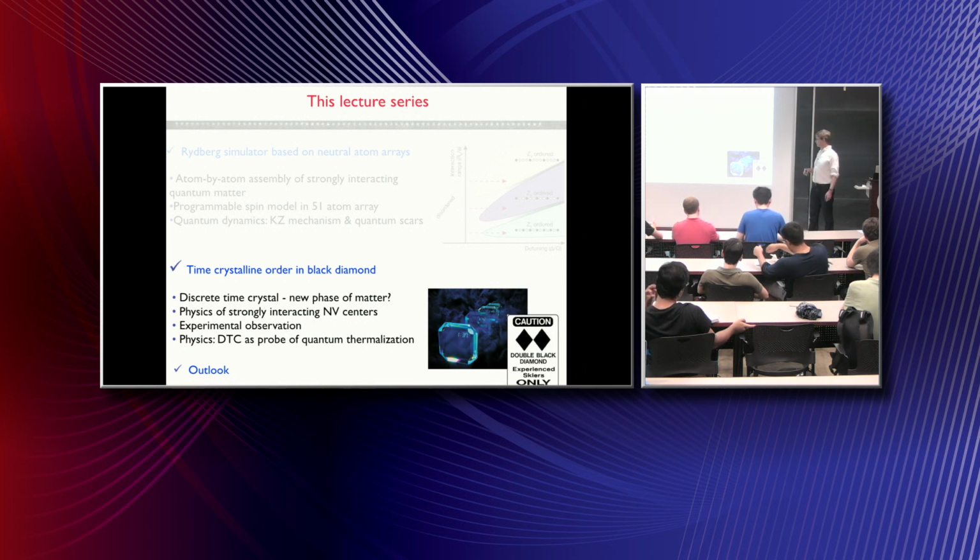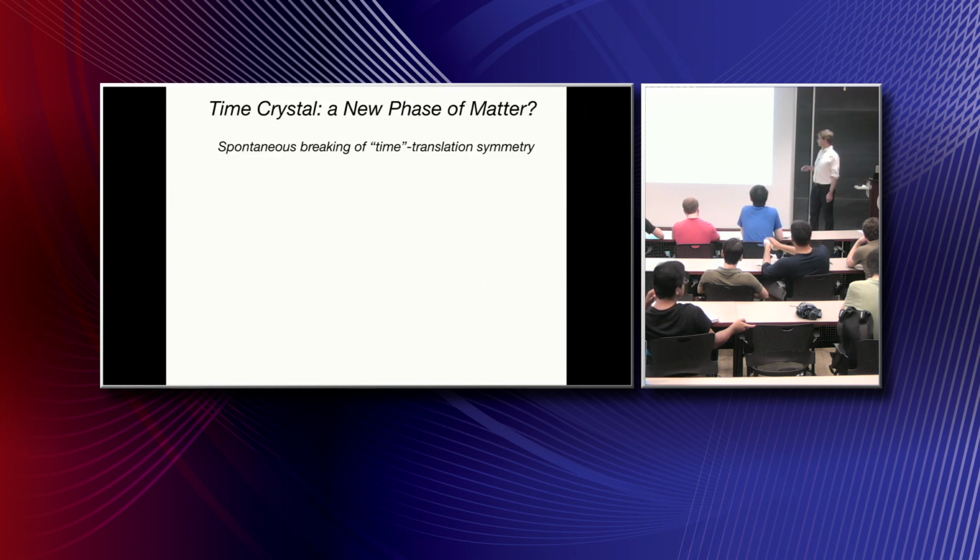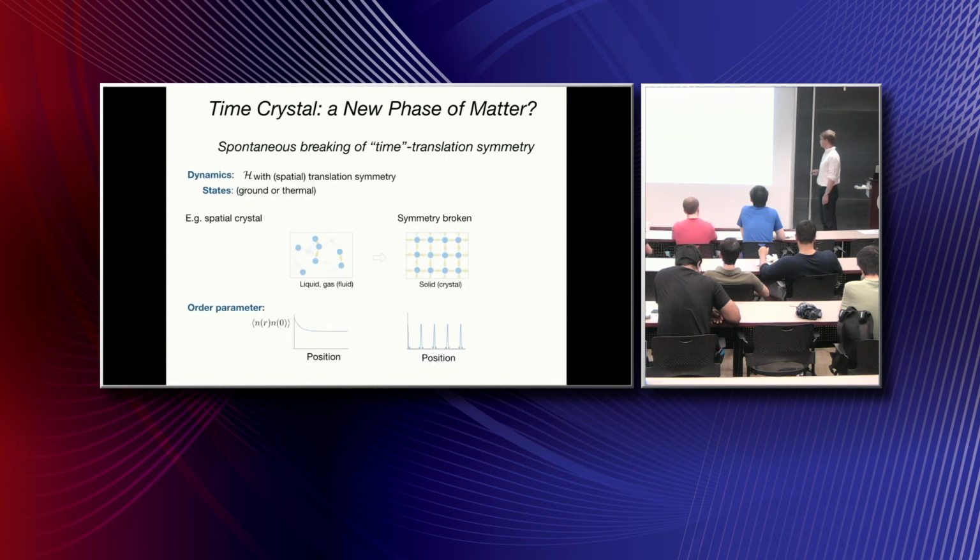But there is another example, and that is this famous so-called time crystal. A time crystal is a state which features spontaneous breaking of time translation symmetry. So what is it all about?